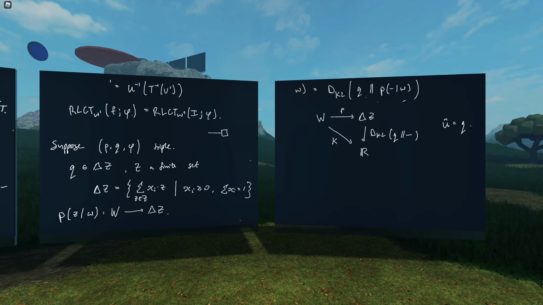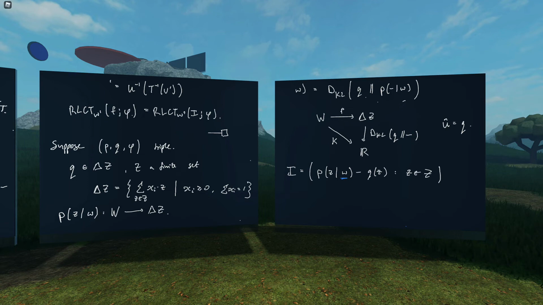And the fiber ideal in this case, I, is generated by P of Z given W minus Q of Z for Z in Z. So these are where we will assume some analytic function of the parameter W here, and there will usually be some perturbation away from the boundary, but that kind of doesn't enter into it exactly.